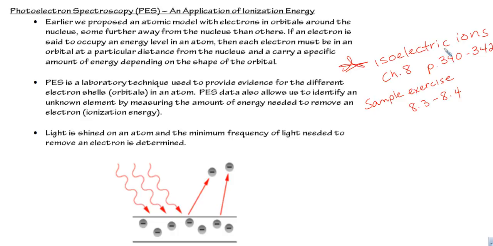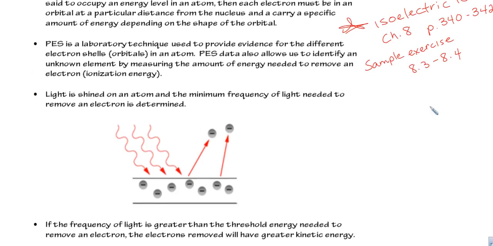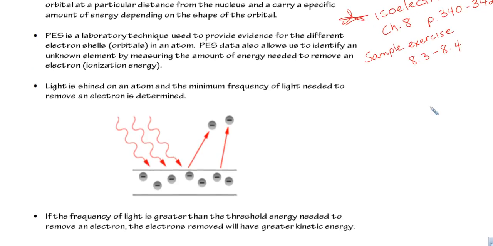So we're trying to remove electrons from the surface of a particular sample. And we look for that threshold energy, the least amount of energy required to get those electrons moving. If we add more, the electrons just come off with greater kinetic energy. They just have more energy. They're moving faster. Reminds me of the photoelectric effect, huh?